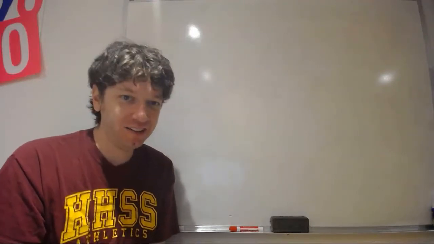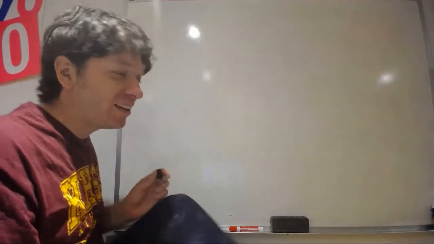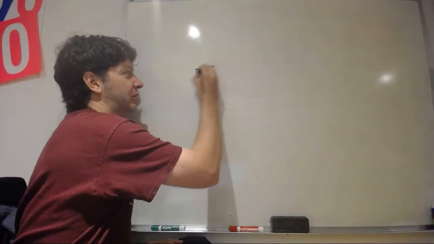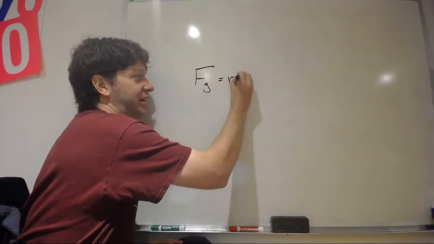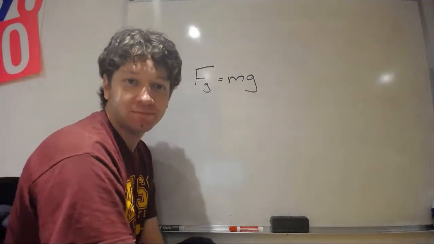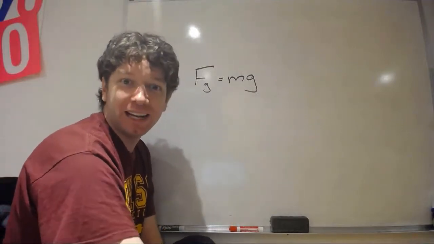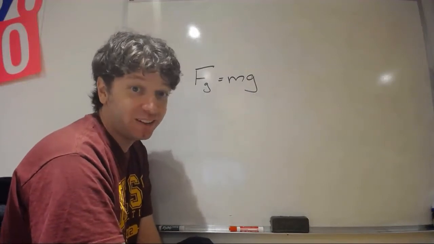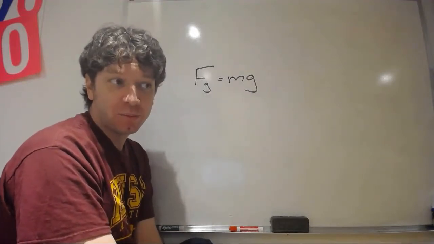How do we calculate this? Well, being on the Earth is easy to calculate. You just write Fg equals mg. But what if I don't know g? And what if I go to the moon and I don't know g? Or what if I wanted to calculate the force of gravity between the Earth and the moon? Or between the Earth and the sun?